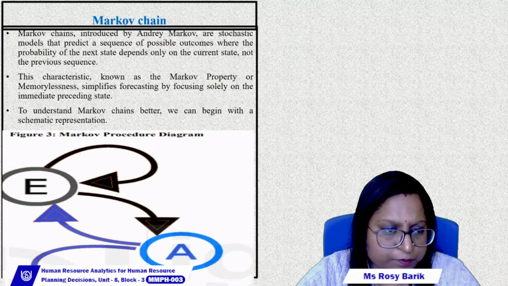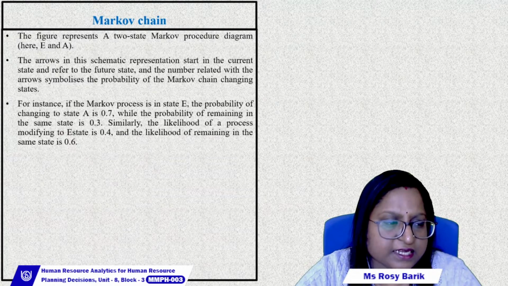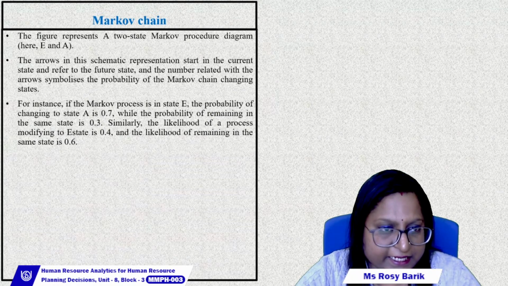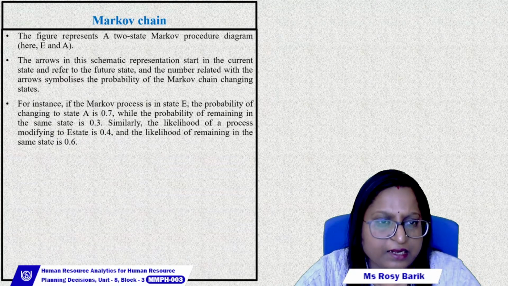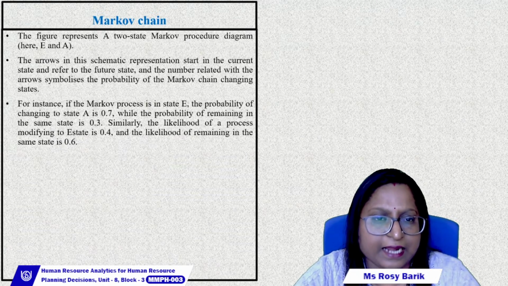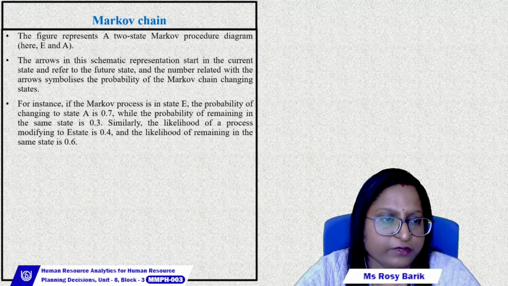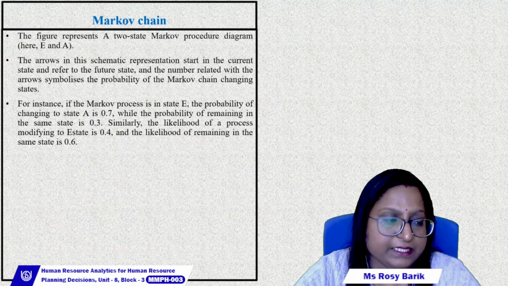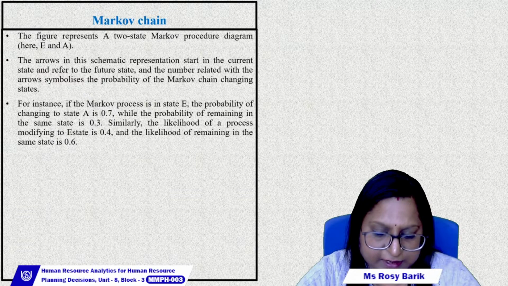Based on the numbers given here, for instance, if the Markov process is in state E, the probability of changing to state A is 0.7, while the probability of remaining in the same state is 0.3. Similarly, the likelihood of the process changing to state E is 0.4 and the likelihood of remaining in the same state is 0.6.